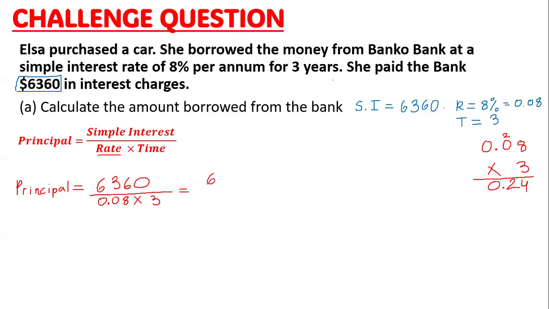So it's going to be equal to 6360 divided by 0.24. You know what? It would have been better if I kept the rate as a regular number. Let me not change that to a decimal. I'm just making our work hard.